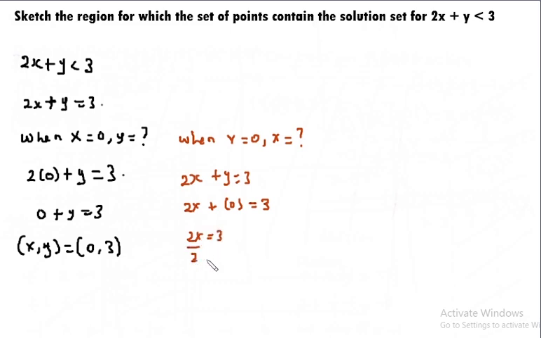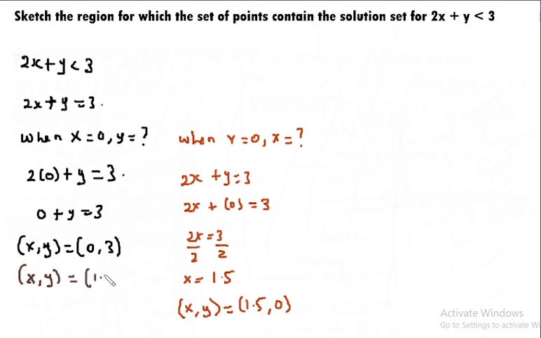And then dividing both sides by 2, x is equal to 1.5. So when x is 1.5, y is 0. So I have my two coordinate points here: when x is equal to 0, y is 3, and when x is equal to 1.5, y is equal to 0.